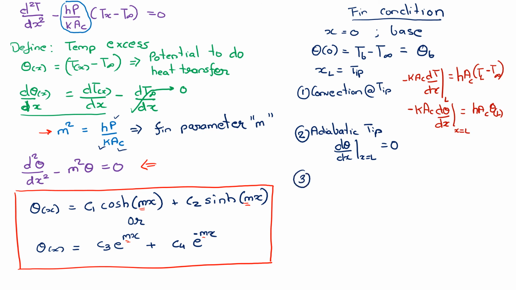The third type of boundary condition that you can have is that you might be given a temperature of the tip. So you may know the temperature at tip. So your theta at L may be some finite value theta L. So that's the third kind of boundary condition that you can have.